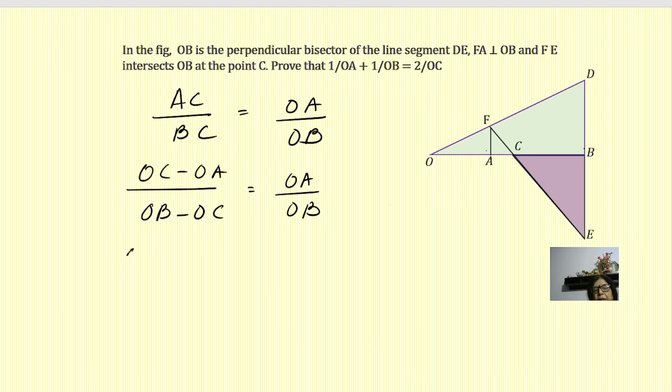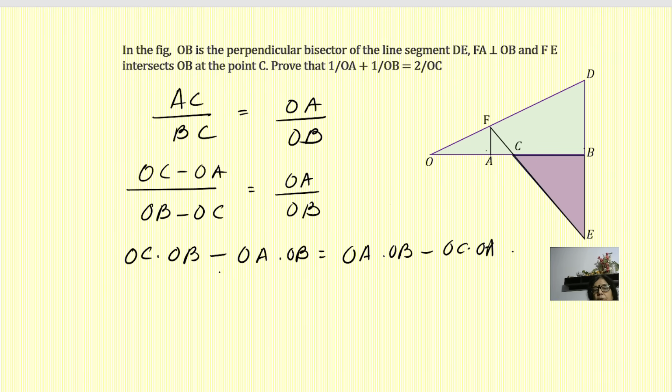On cross multiplication, we get OC into OB minus OA into OB is equal to OA into OB minus OC into OA. So if we put OA into OB on the same side, we get OC into OB plus OC into OA is equal to 2 OA into OB.